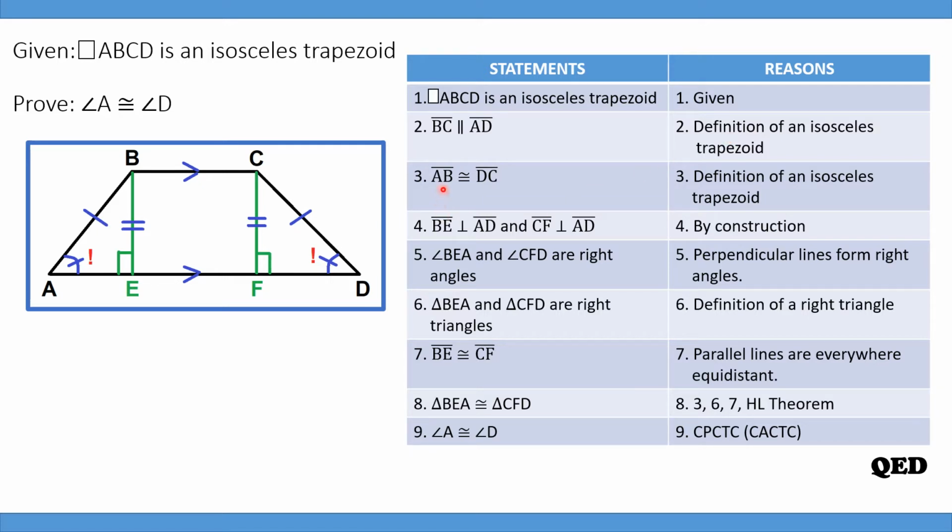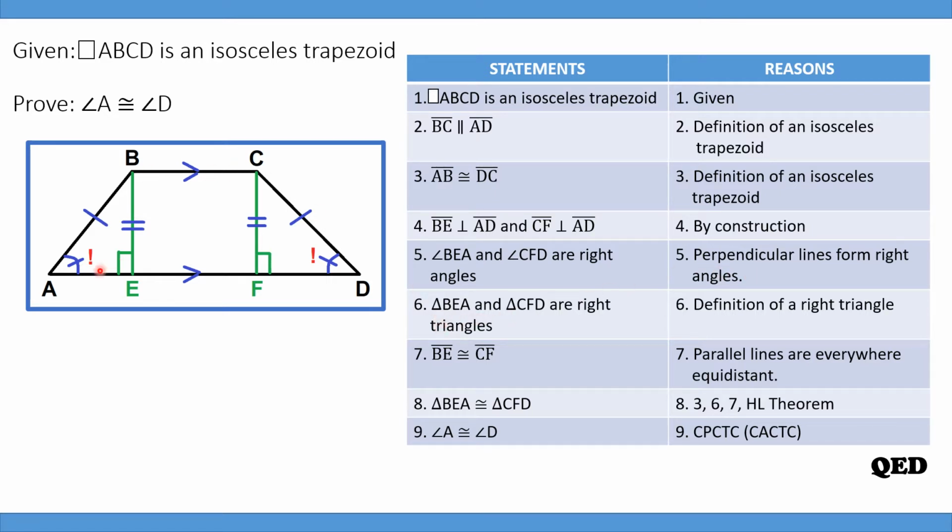Also, line segment AB is congruent to line segment DC by the definition of an isosceles trapezoid. Line segment BE is perpendicular to line segment AD, and line segment CF is perpendicular to line segment AD by construction. Number 5, angle BEA and angle CFD are right angles because perpendicular lines form right angles.